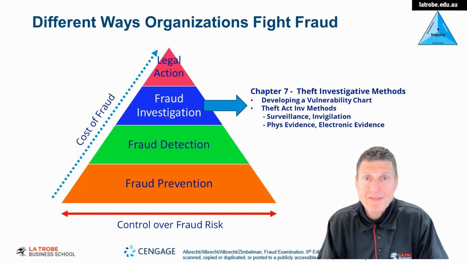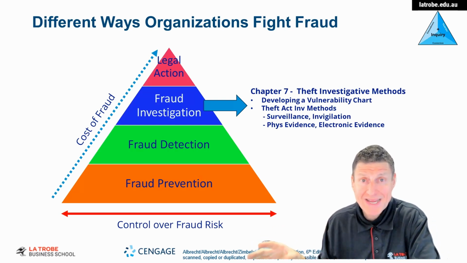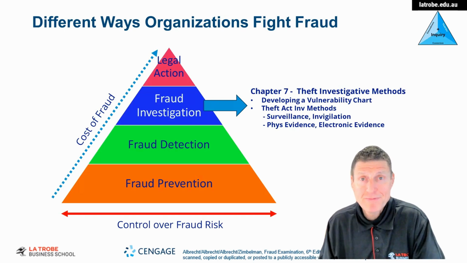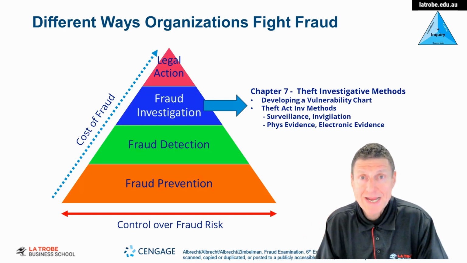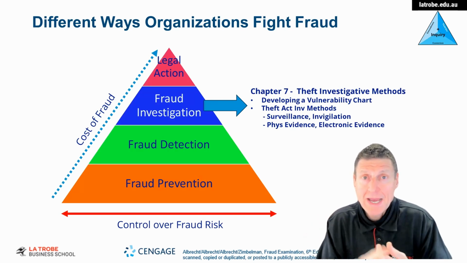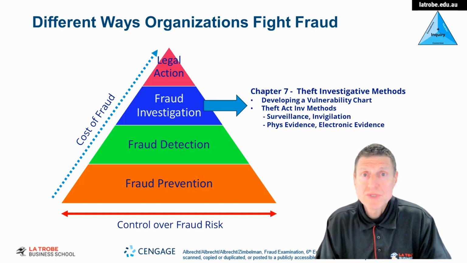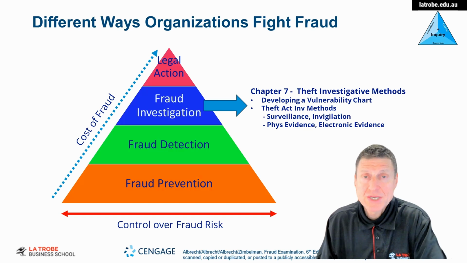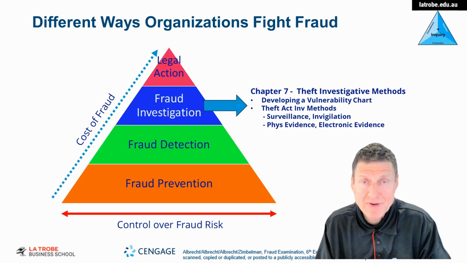And then we looked at theft act investigation methods: surveillance, invigilation, physical evidence, and finally electronic evidence. And increasingly these days and going forward, there's going to be greater attention to, number one, looking for electronic evidence, but associated with that, getting a greater understanding of the AI software tools that can be used to crawl and search among the electronic evidence out there.